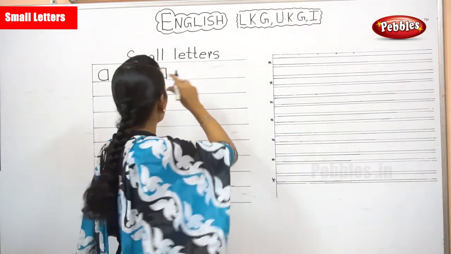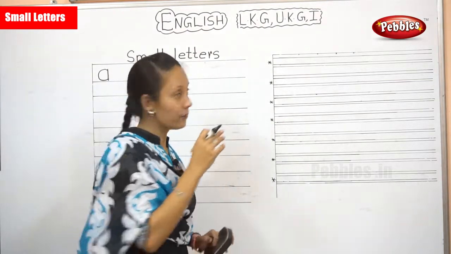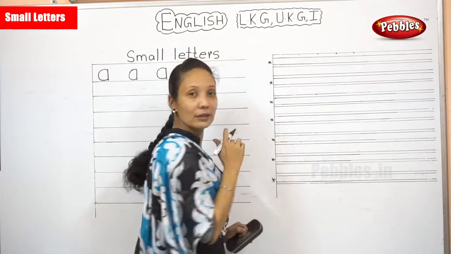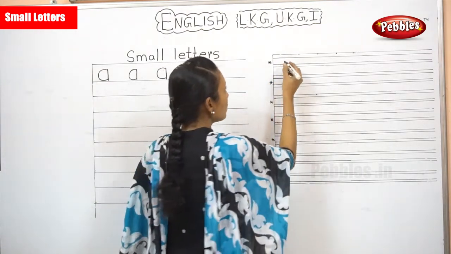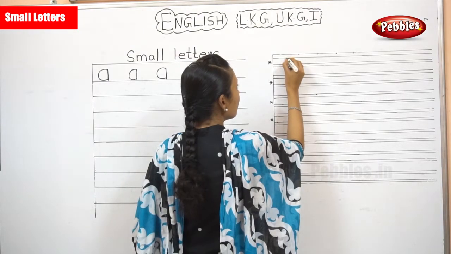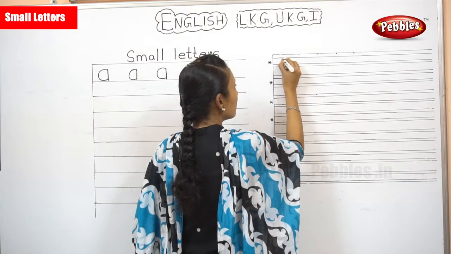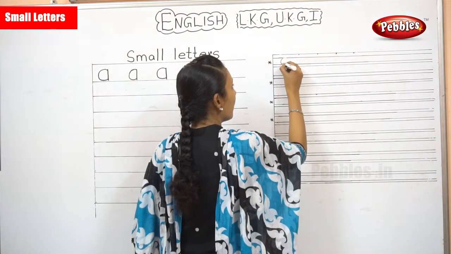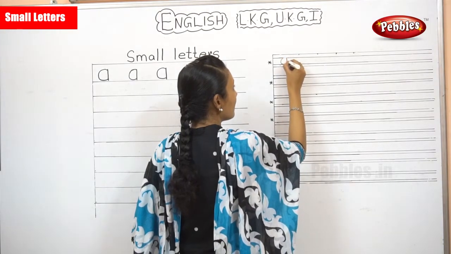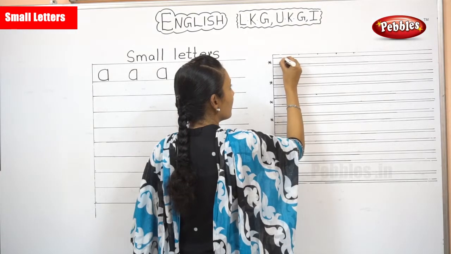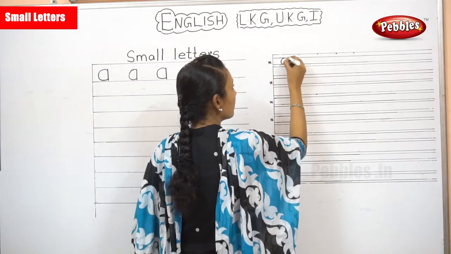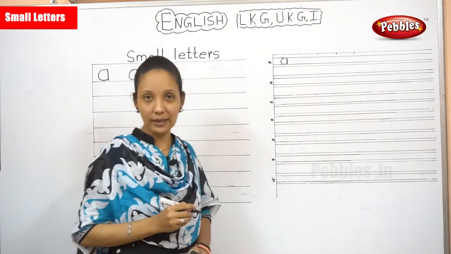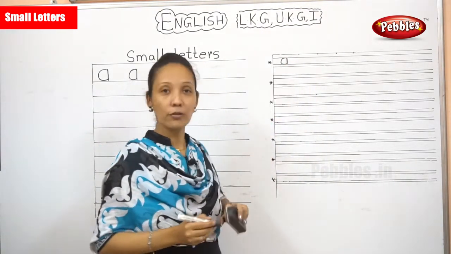To write your small a, you need to use your second and your third line. Draw a curve and a standing line. This is small a. This is how you write it on your four line.